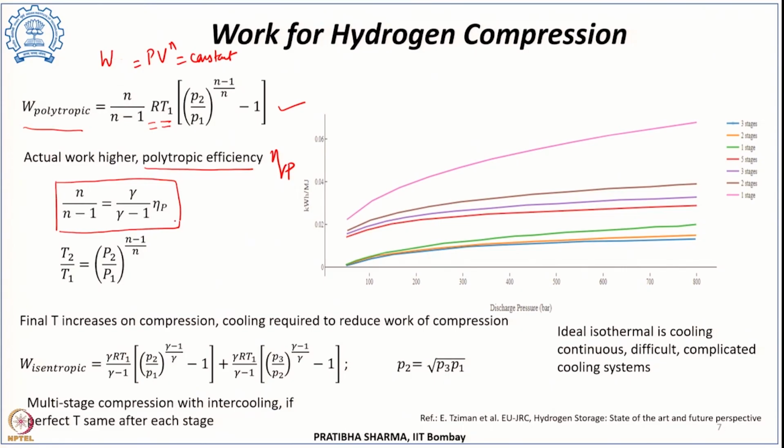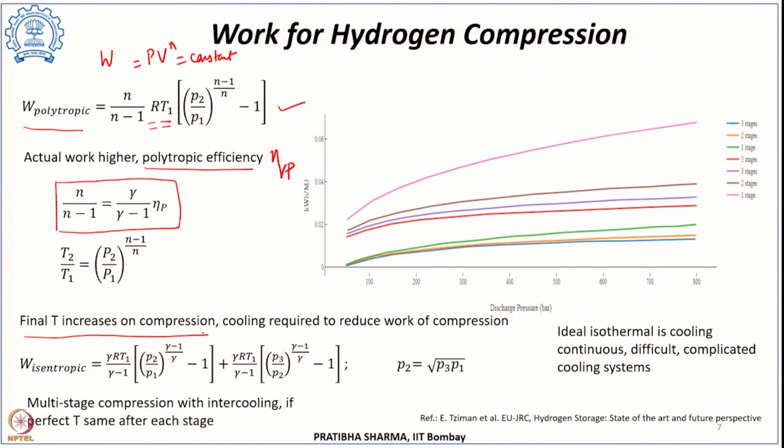Now, considering the process of compression, the final temperature T2 of the gas on compressing it from pressure P1 to P2 can be obtained as T2 upon the initial temperature T1 is equal to the pressure ratio P2 upon P1 to the power n minus 1 upon n. Usually in the compression process the temperature increases on compression, we know that.